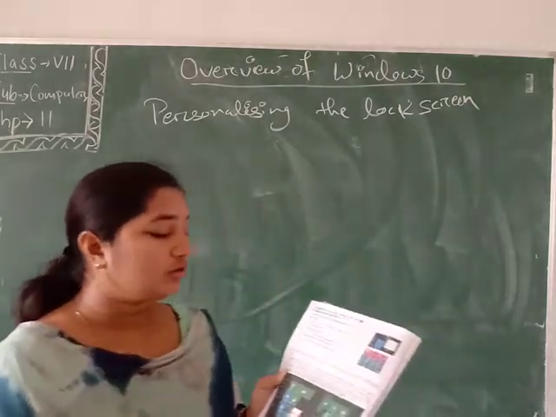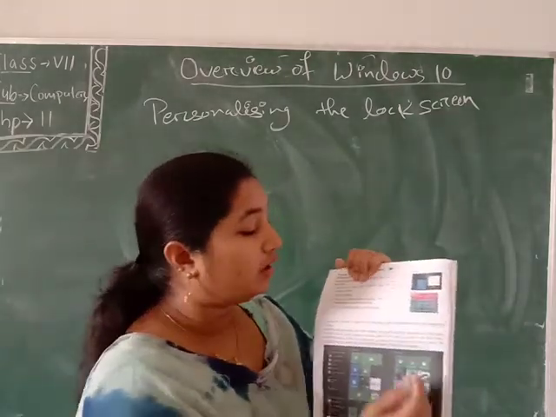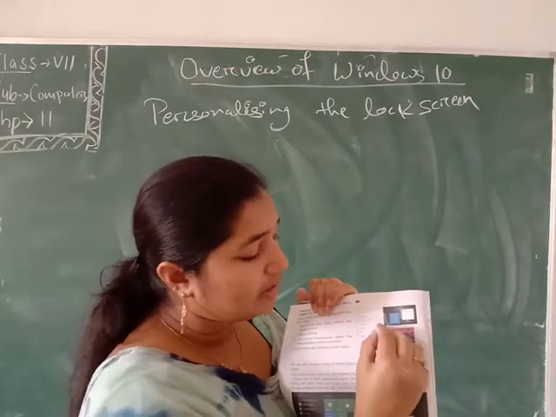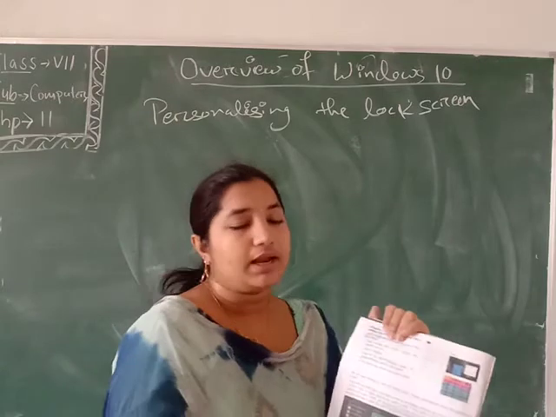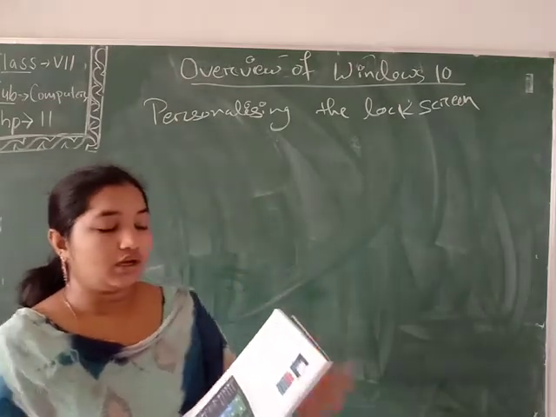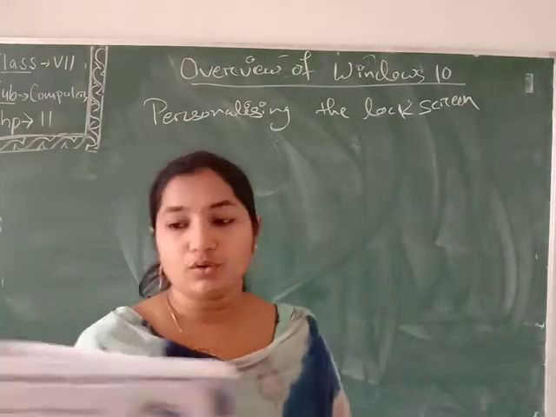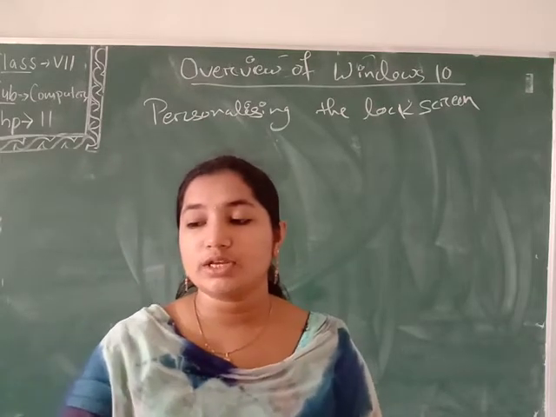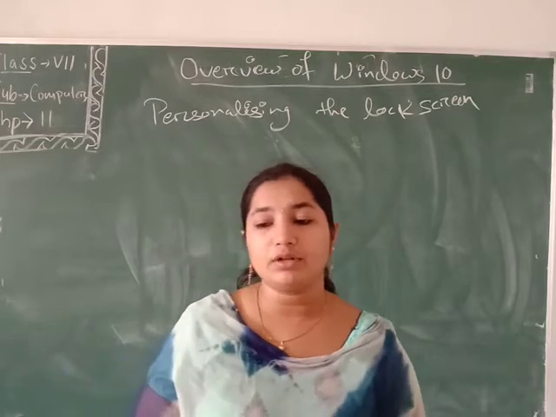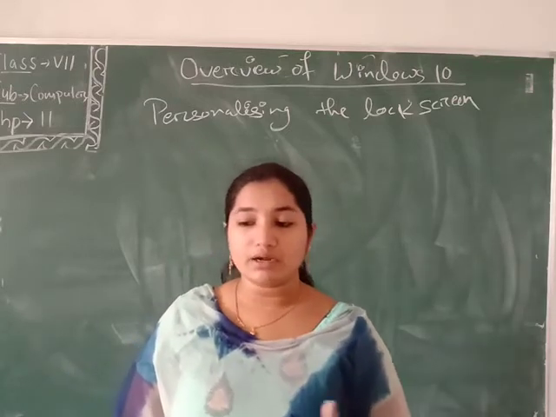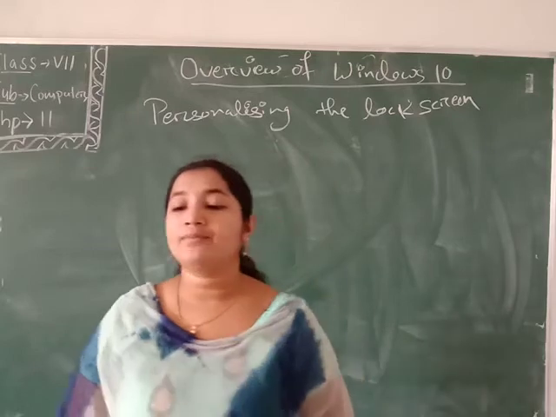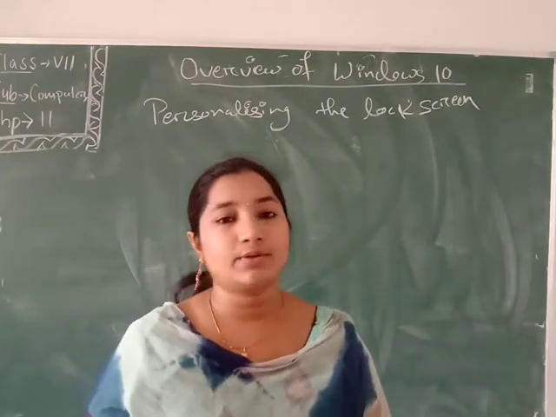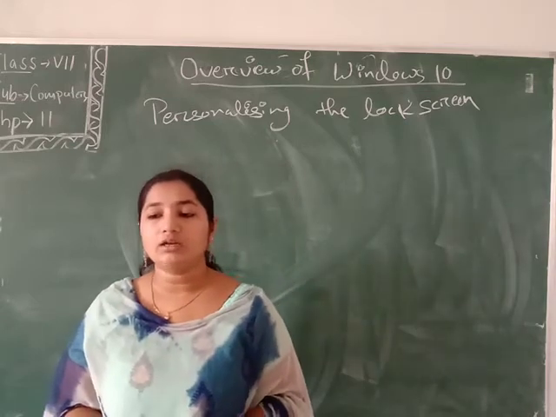After that, go to color and choose an accent color. Here is one color option. When we choose the color option, the accent color will come, and after that we choose the color we want. We can also choose to have an accent color chosen automatically from our background image. If we want the start menu and start screen to be brightly colored, we can change that from the accent color.